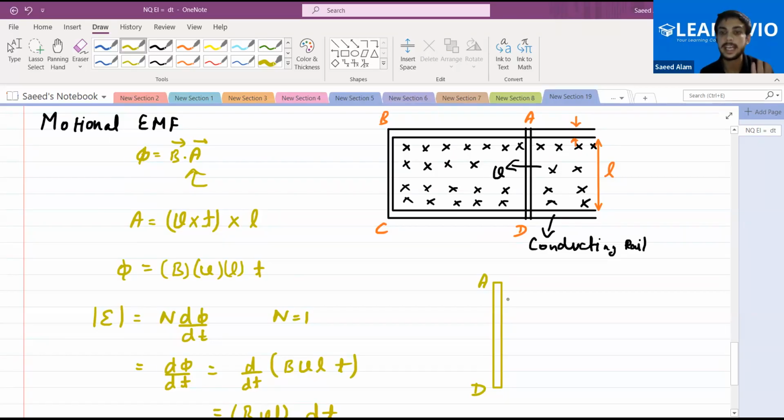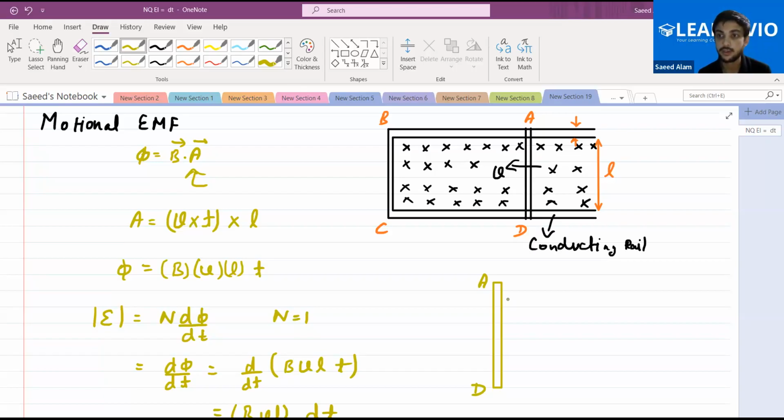One of the points A or D will be at higher potential, and the other will be at lower potential. Yes or no? But I'm still unable to find out which of them is at the higher potential and which is at the lower potential.